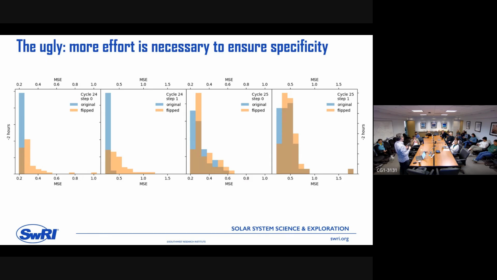And the concern is that if it is not bringing a lot, then we end up with a model that is very cycle specific. A priori we didn't know, but now we do. Those are the kinds of things that we're working on right now. So anyway, that's the ugly.